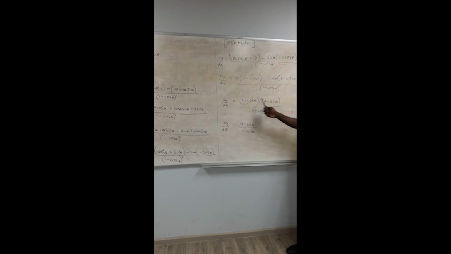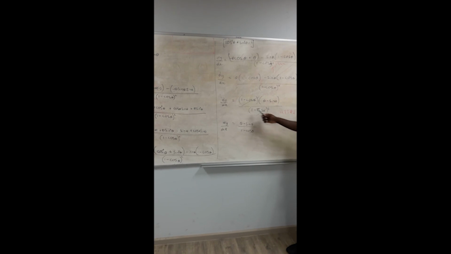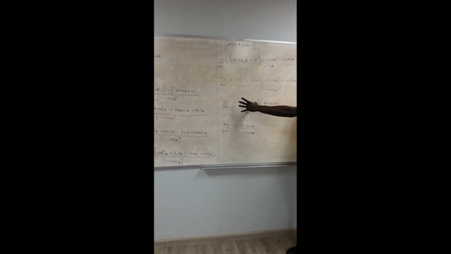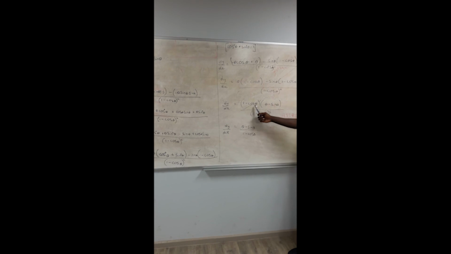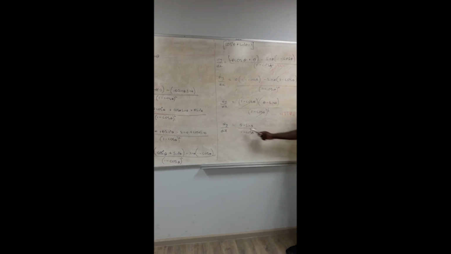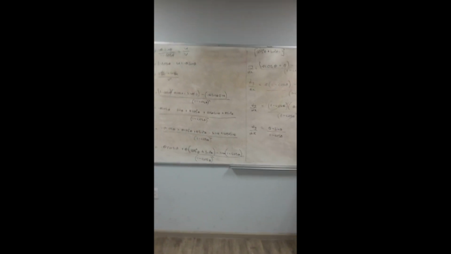And since there's 1 minus cos theta squared, which means there's two of this term, you can cancel out one of this term with one of this term. So dy/dx is going to equal theta minus sine theta all over 1 minus cos theta. And that's the end of the problem.